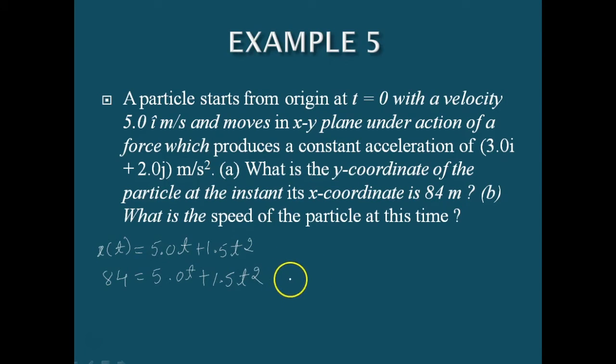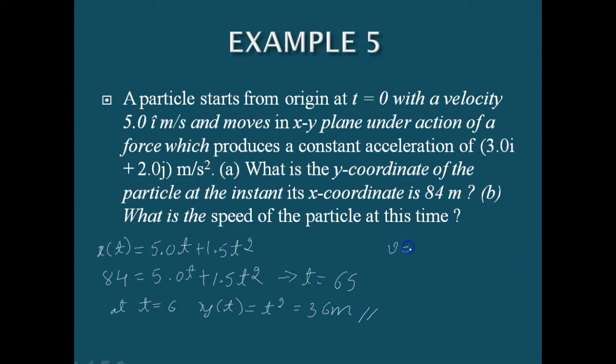If you simplify this, we get the value of t as 6 seconds. So at 6 seconds, the value of y(t) is given by t², that is 36 meter. So we got the value of x(t) and y(t), isn't it?